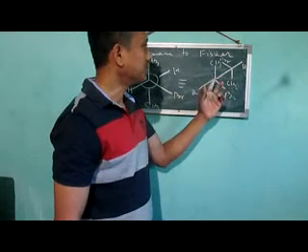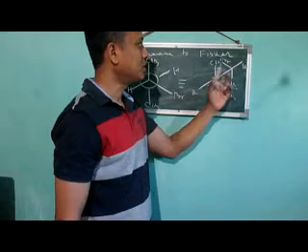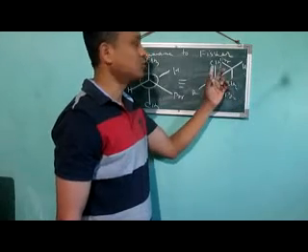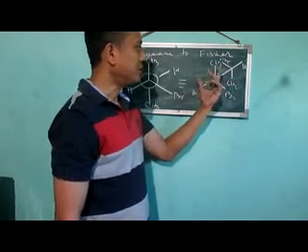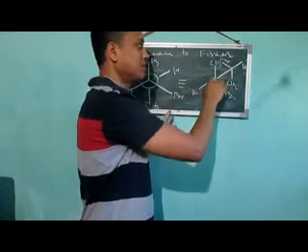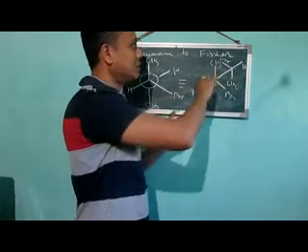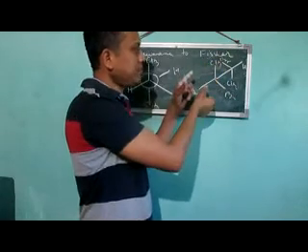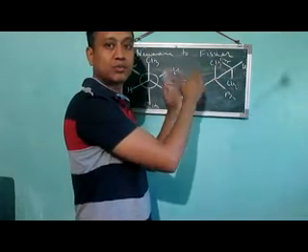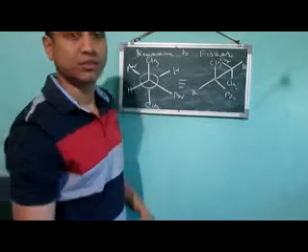Why? Because here you can see that of these two vertical groups, one group is downward but this group is not downward. So what you have to do, you have to fix this carbon and rotate this carbon. If you rotate this carbon, then you will get the structure from where you can directly convert it into the Fischer form.